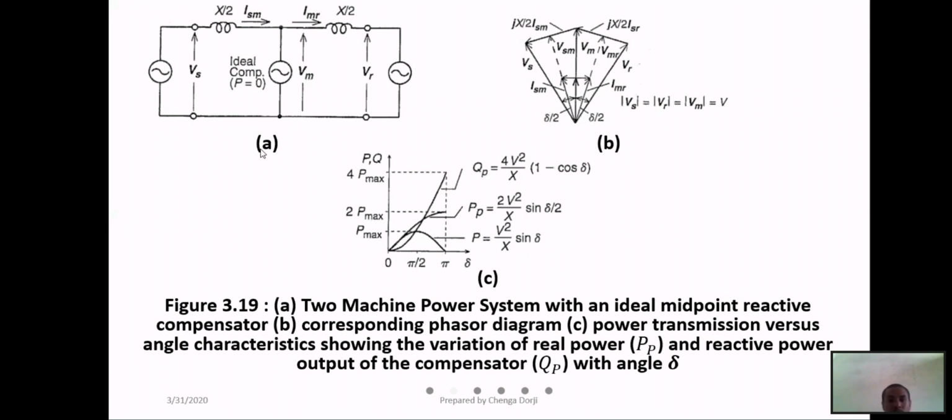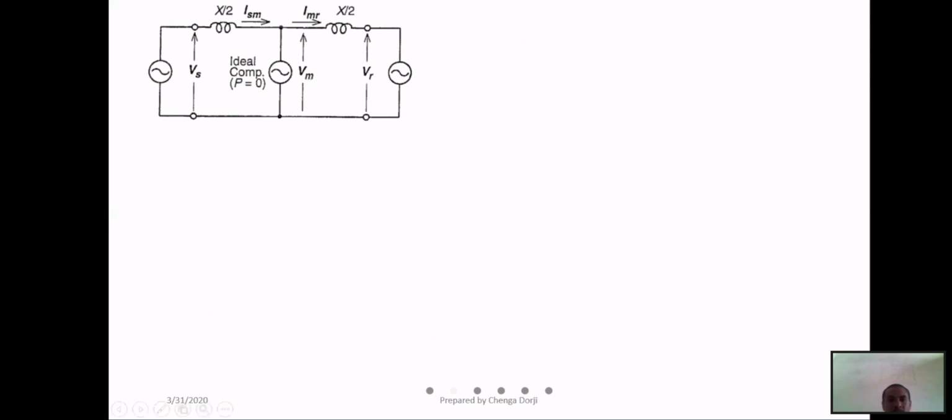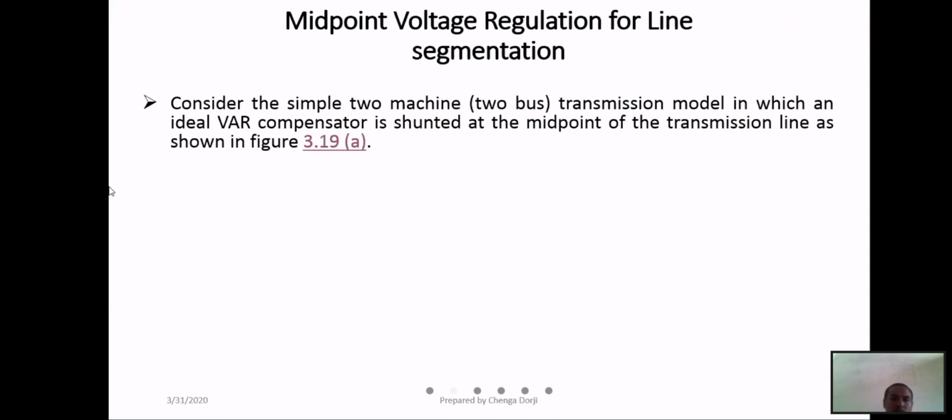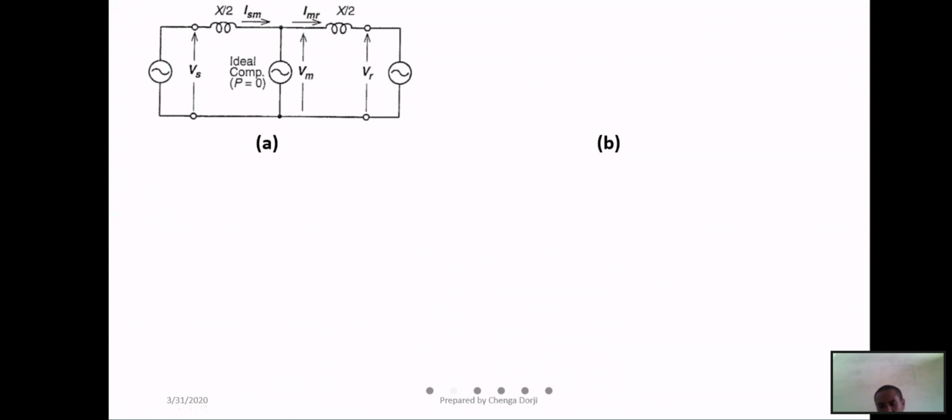So we are considering a simple two machine or bus transmission model in which an ideal var compensator is shunted at the midpoint. This is the shunt compensation, so the active power is 0 here.